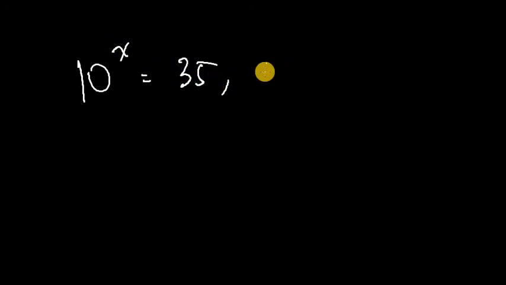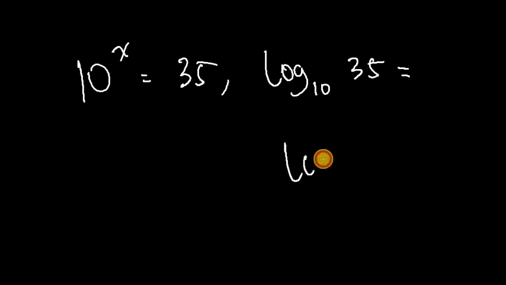Okay, now just one question before we finish. Let's say we have 10 to the power of x equals 35. Let's hit together log base 10 of 35, that's the first method. The second method, log 35. What is the answer? Okay, you may pause this video.